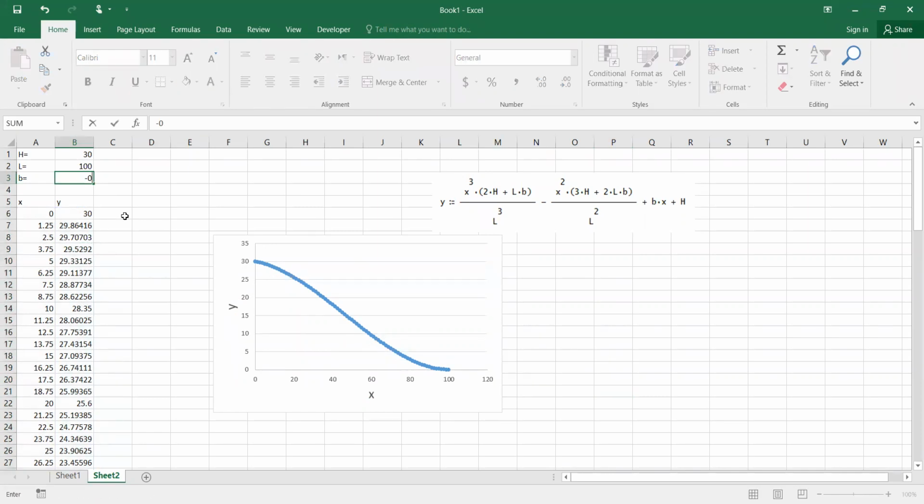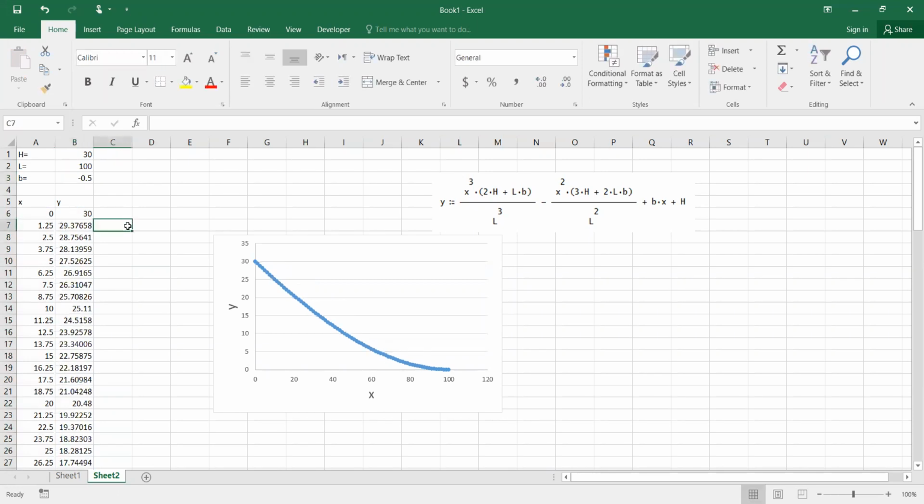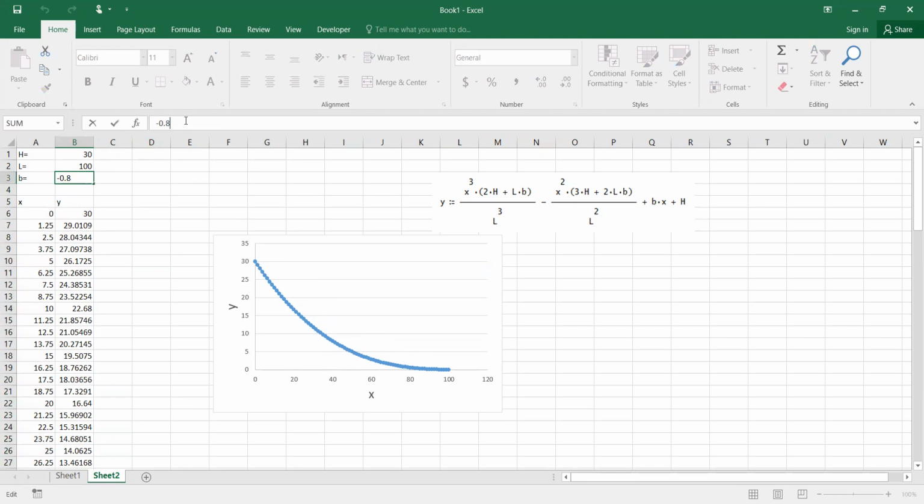I can make it now, for example, minus 0.5. I'll make it minus 0.8. See here, minus 1.